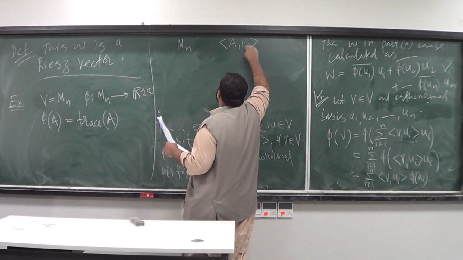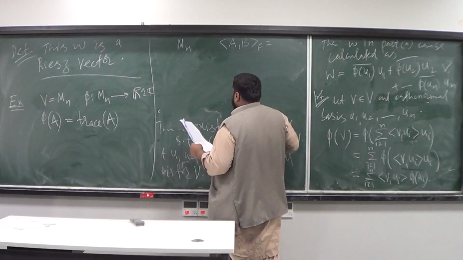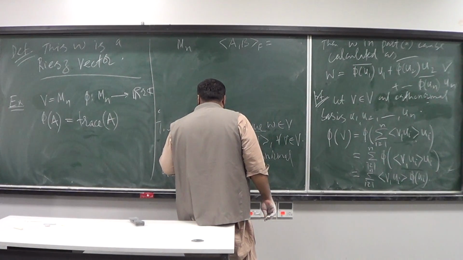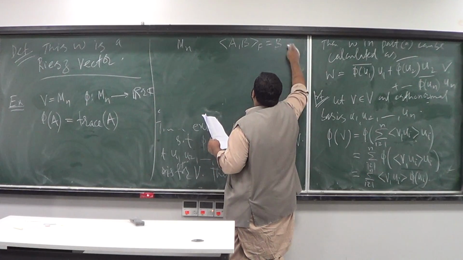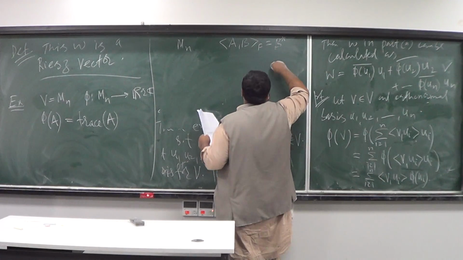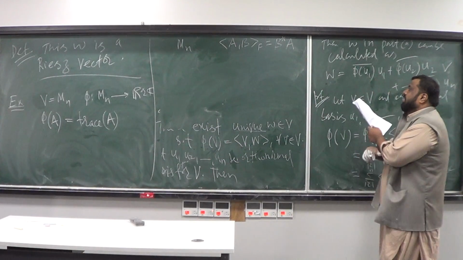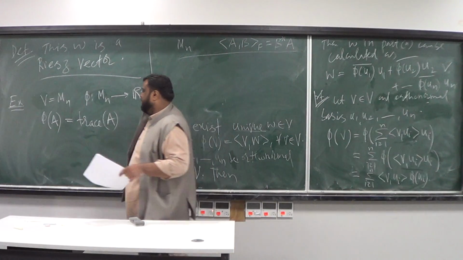If you take matrices A, B, the Frobenius inner product of A with B is equal to the trace of B star multiplied with A. So this is the definition of the Frobenius inner product. We proved in chapter 4 that this becomes an inner product space.